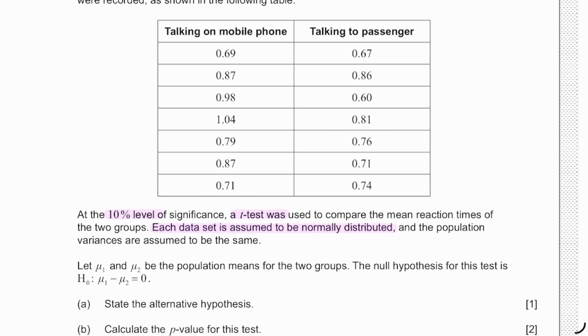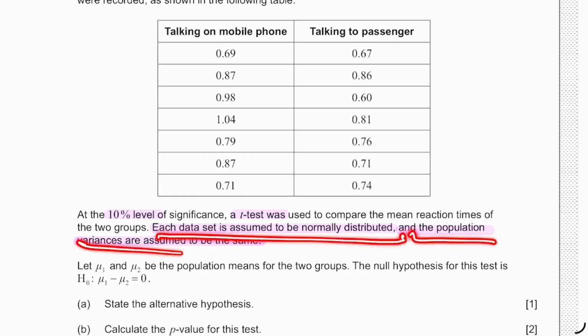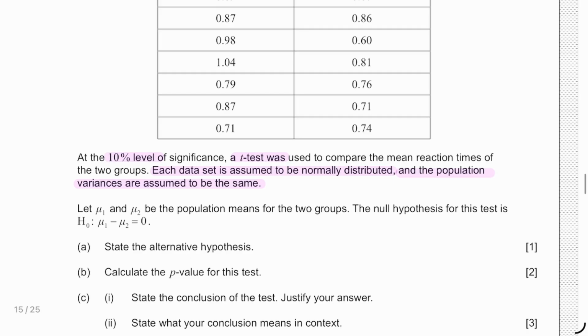We need to assume this one, and we need to assume population variances are the same, because these are two assumptions for the t-test. Otherwise, we cannot apply the t-test. The first one is this one, and the second one, population variances are the same. And it's already given there, by the way.